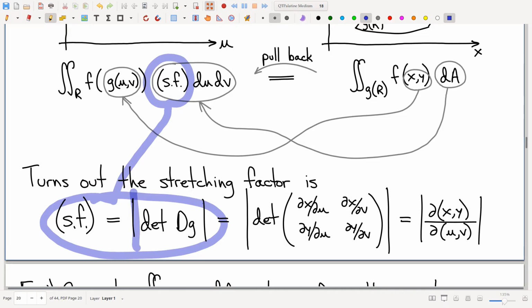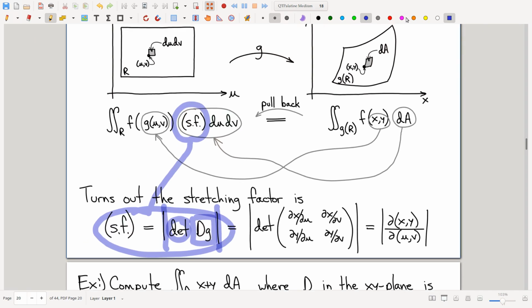It's the absolute value of the determinant of the derivative matrix of our change of variables function. That's the formula, the absolute value of the determinant of the derivative matrix.